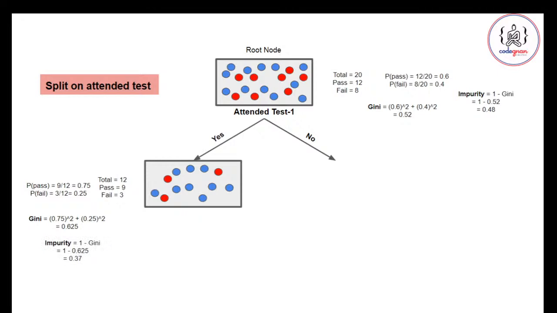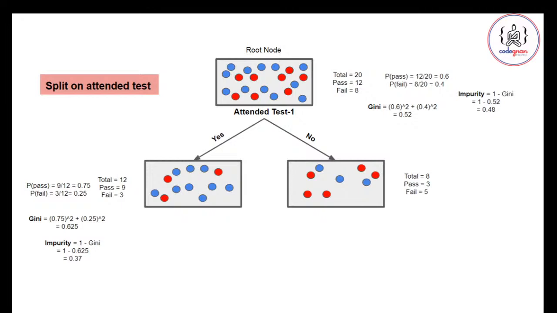The impurity is going to be 1 minus 0.625, which comes out to be 0.37. Now we have calculated the impurity for the left subnode. Now let's calculate the impurity for the right subnode.